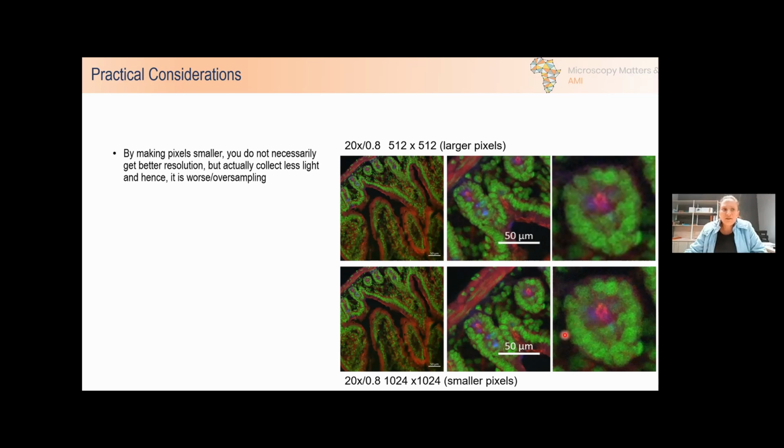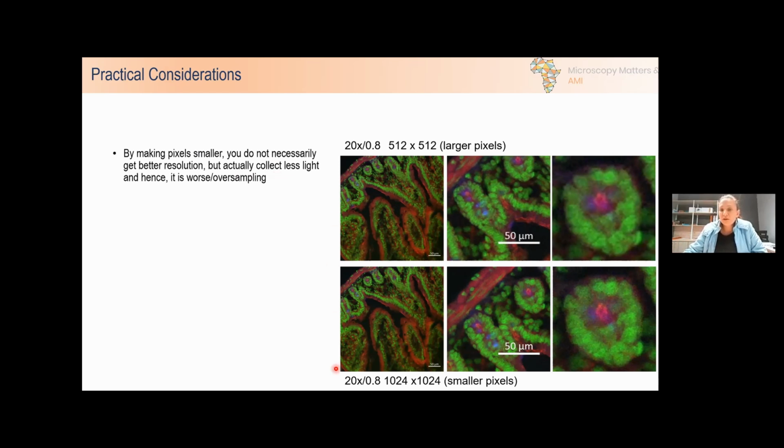Some practical considerations. It's important to remember that making the pixel smaller doesn't necessarily achieve better resolution. Sometimes you actually collect less light in each pixel, which means it gives you a worse image, and it's an example of oversampling.